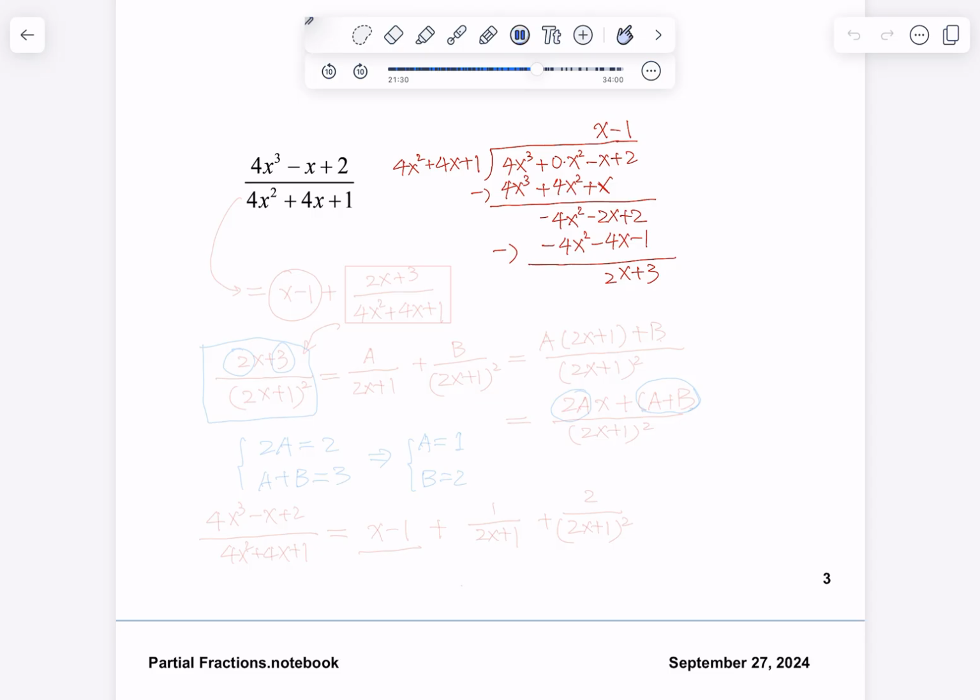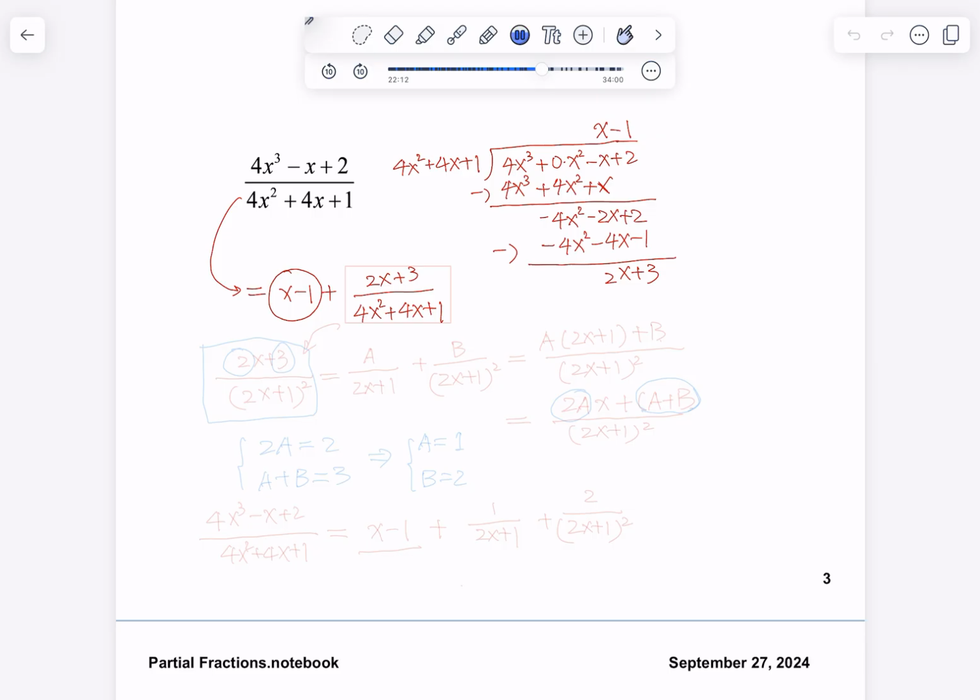Right, the long division gives us the first step, that is, the original rational function can be written as x minus 1 plus 2x plus 3 divided by 4x squared plus 4x plus 1. From the previous class, this is how we expose this linear equation for the slant asymptote.